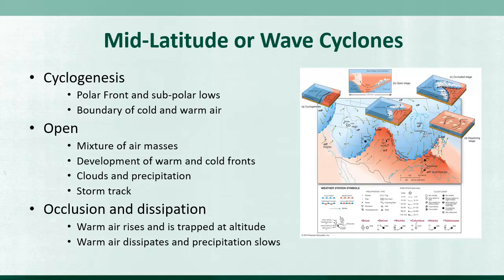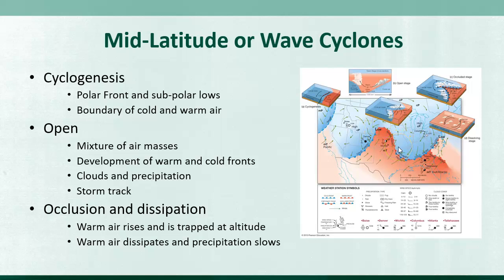The warm air is also being pulled in counterclockwise, and it pushes its way towards the north, forming a warm front. This creates what is called the open portion of the mid-latitude cyclone, or the open stage, where we're getting this mixing of air taking place that we can see on this weather map right here. Cold front here, warm front here.